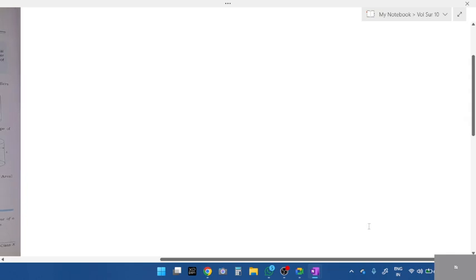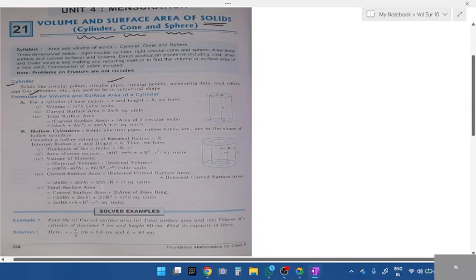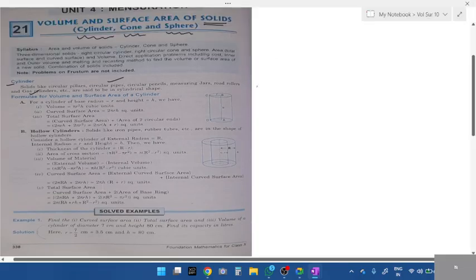Cylinder, students, based on cylinder. See, the formulas are here, page number 338. I'll explain. Only if I explain, you can remember this. For a cylinder of base radius r and height h, there are 2 types, solid cylinder and hollow cylinder.